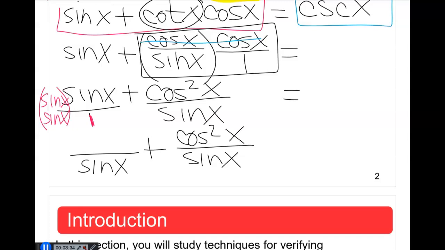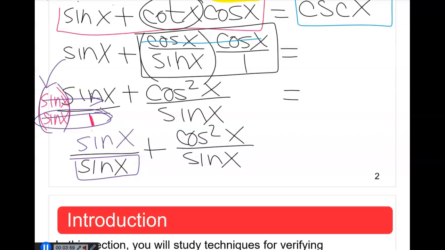Now the first fraction, we are going to multiply it because we are trying to get sine x on the bottom. So by multiplying by sine x over sine x, what I'm doing here is just multiplying by 1. So if I multiply numerator times numerator, I will get sine x on top, and then sine x times 1, I will get also sine x.